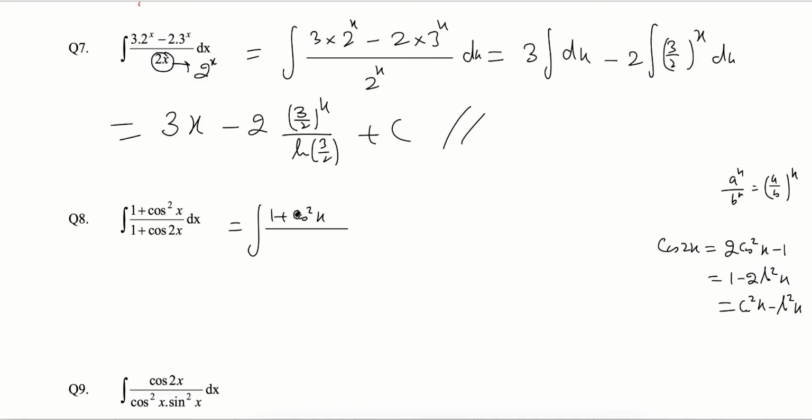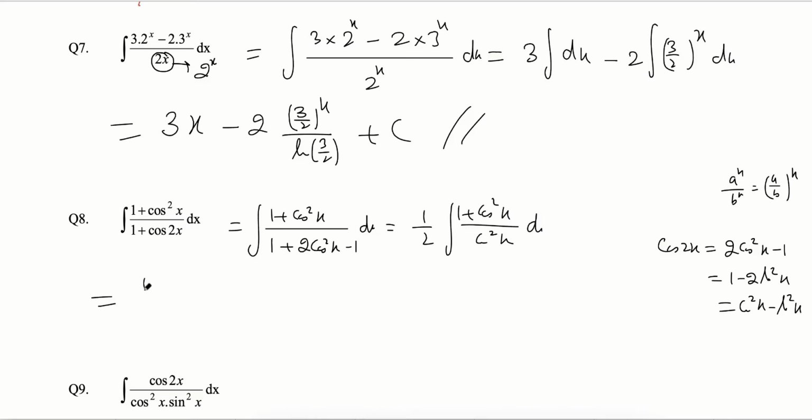In the numerator cos is there, so in the denominator also I will try to write in that format. 1 plus 2 cos square x minus 1 dx, which I can write simply as 1 by 2, because 1 cancels, 1 by 2 will be out, 1 plus cos square x divided by cos square x dx. Now this question becomes simple.